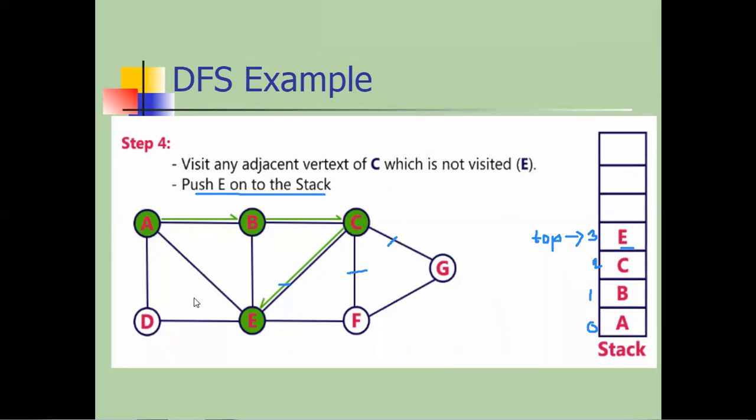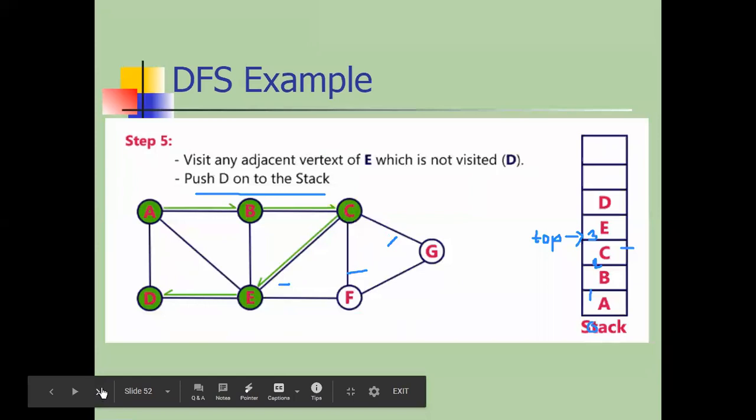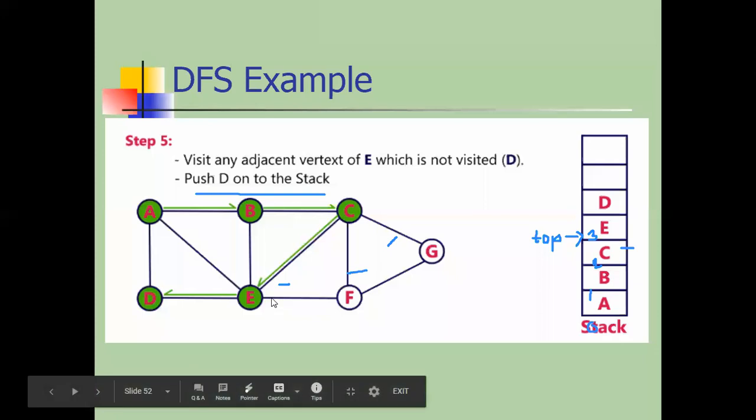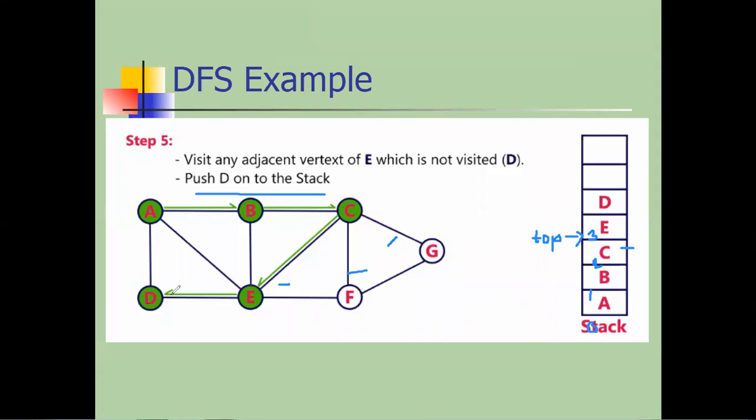Fine. What is the next step we have to focus on? Next step: E is visited. Now what remains for E? That is node D and node F. We focus on the E we pushed previously. Now who is the adjacent vertex of E which is not visited?